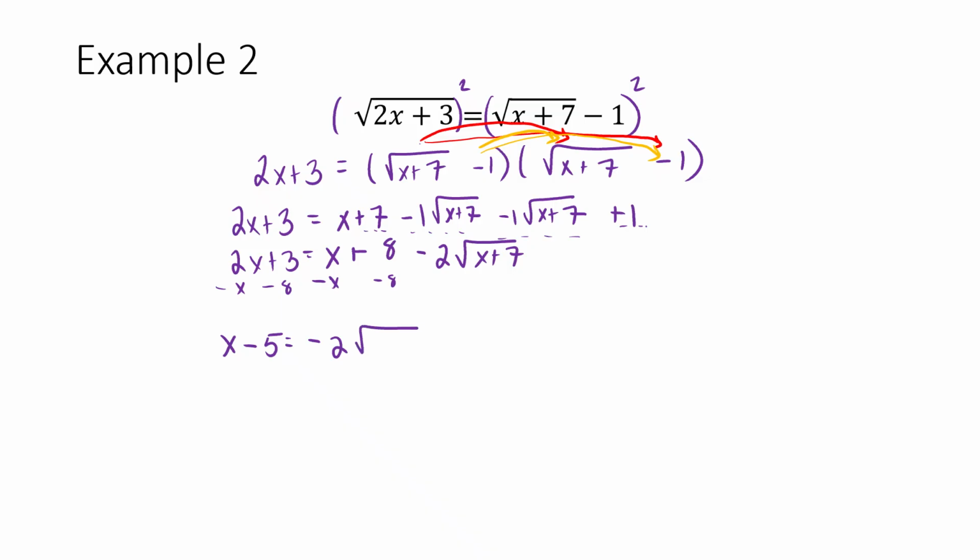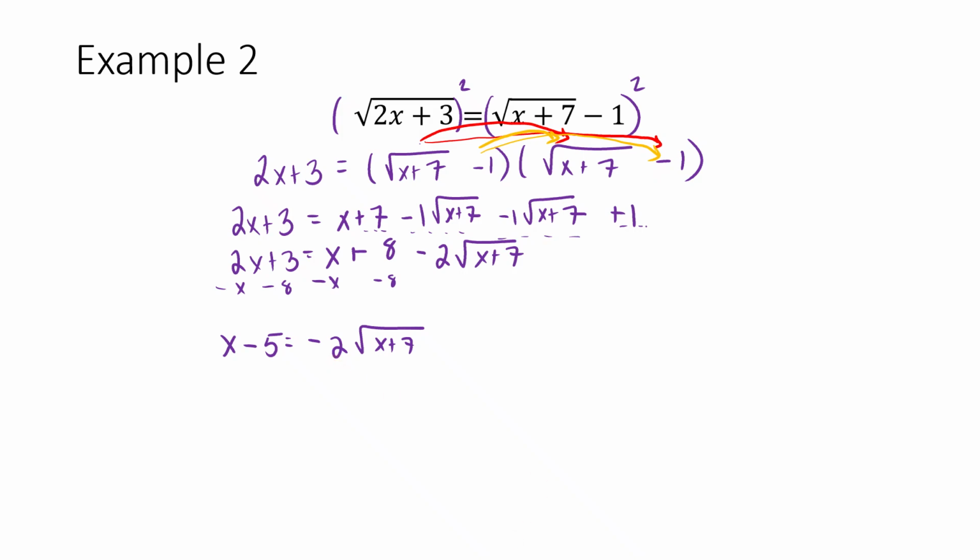Now, you might see, and I do not recommend that you write this down, to isolate the radical, that step. I actually don't like that step. I do not encourage you to do it. Then you end up squaring something that's got a gigantic fraction in it. What I've always recommended to my students is if you have another constant out there, just keep it there and square it when you square both sides.